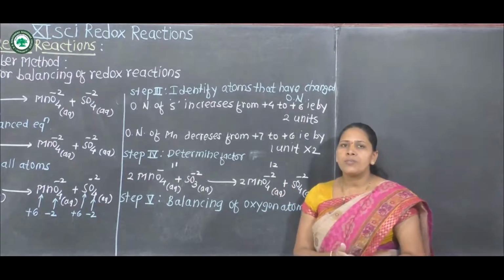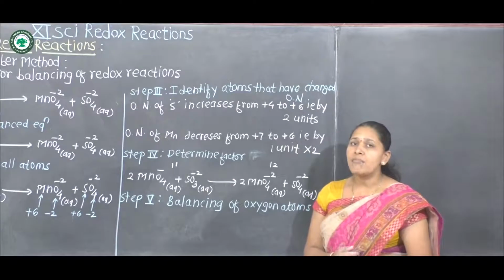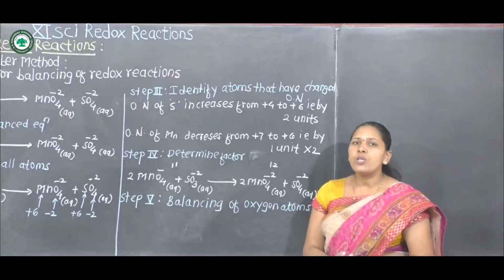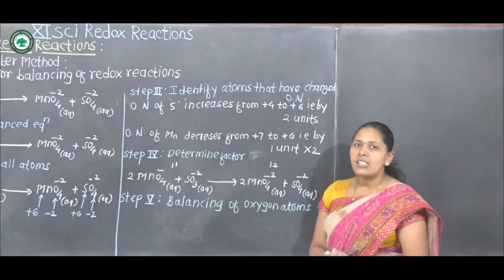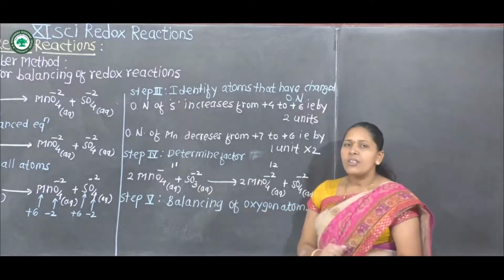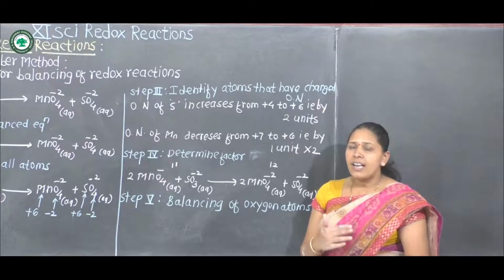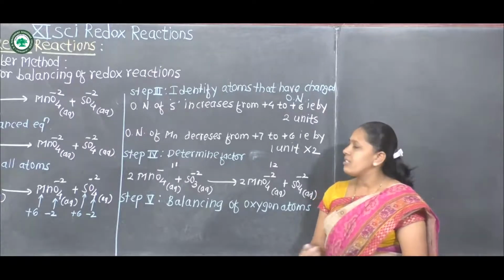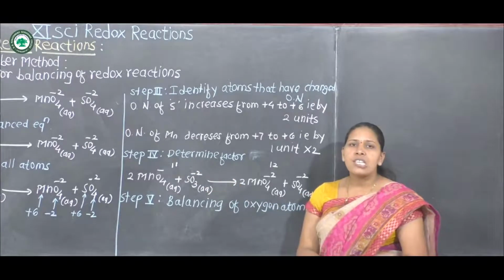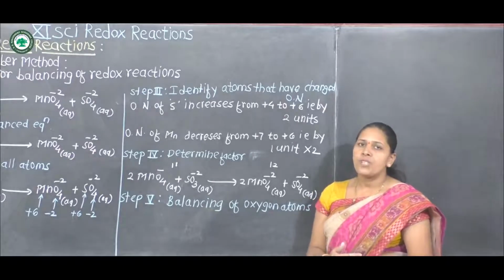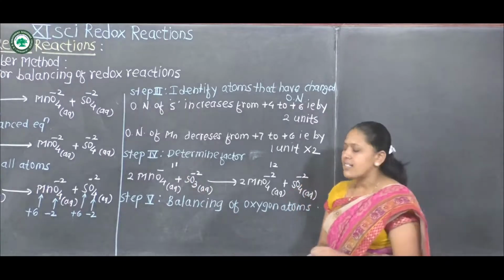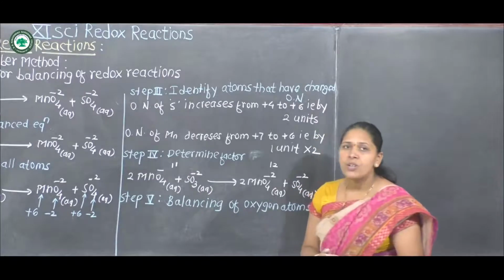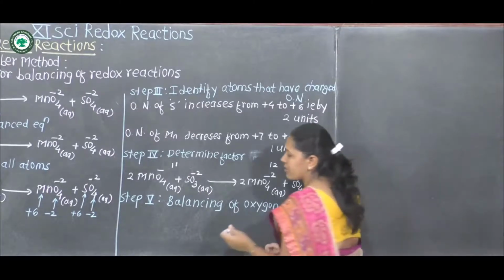What is the rule? Balance the oxygen atoms by adding water molecule to the side containing fewer oxygen atoms. Therefore it indicates that towards the reactant side 1 oxygen is less. Therefore we have to add one water molecule to the reactant side. That will make total oxygen equal.